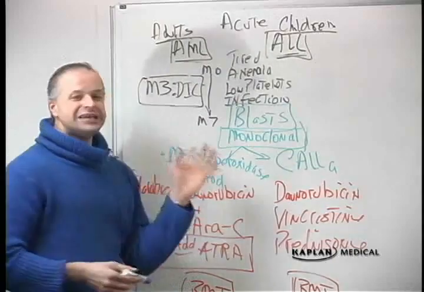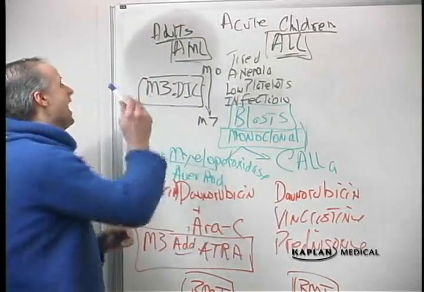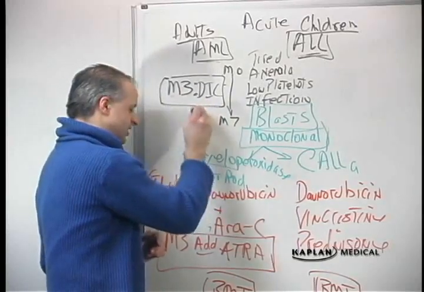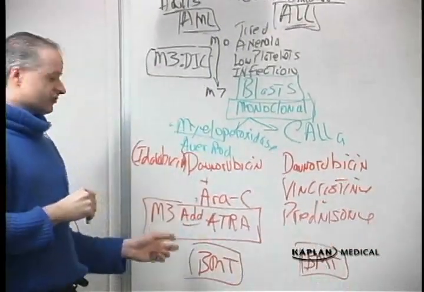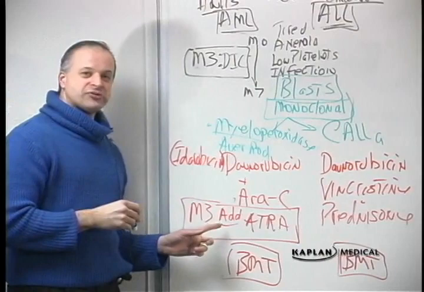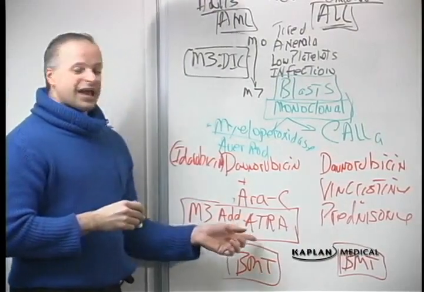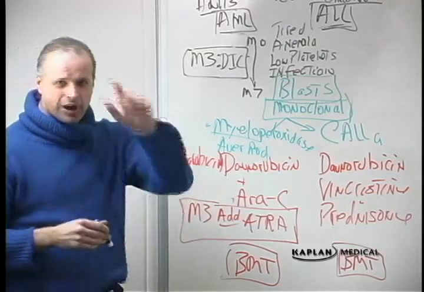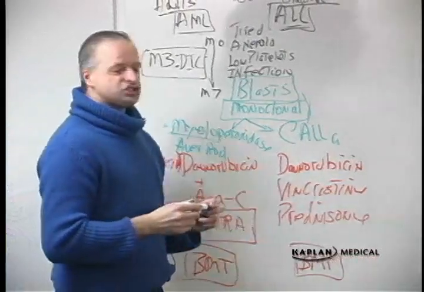What is unique about each of these? M3, all trans-retinoic acid for people who have M3, promyelocytic leukemia. Okay, all trans-retinoic acid, a retinoic acid compound. Vitamin A, grow up, you marrow. What's unique?